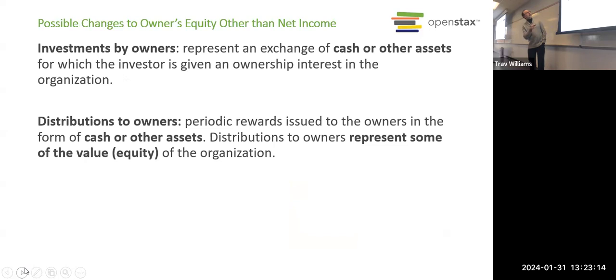All right, possible changes to owner's equity other than net income. Anytime Chris or any owner puts more money in, that increases the equity of the company. In fact, he could even contribute equipment or a building.